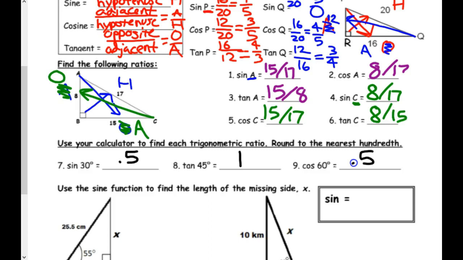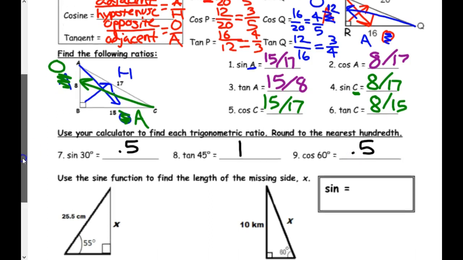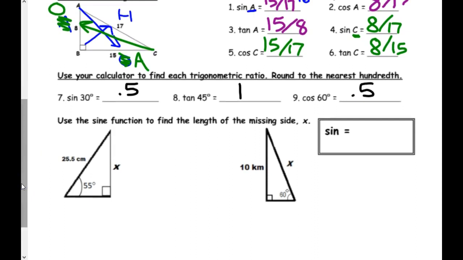Okay? So we're going to combine all the stuff we learned on this sheet so far to find a missing side. So this is where we're actually going to see the trigonometry solve something. So look at the bottom here. I'm going to give you 3 seconds to label O, H, and A from angle 55. 3, 2, 1.